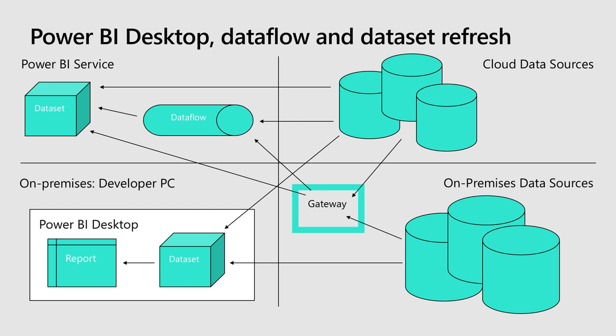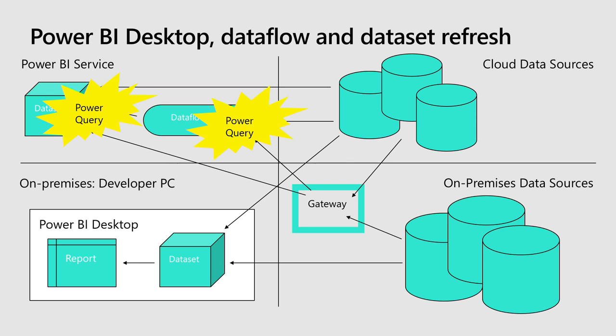And we've got the Power Query engine sitting in a number of different places. We've got the Power Query engine sitting in the Power BI service. So when we refresh a data set, then the Power Query engine gets the data from the data source and does all of its transformations and loads it into the data set. We've got the Power Query engine loading data into our data flows.